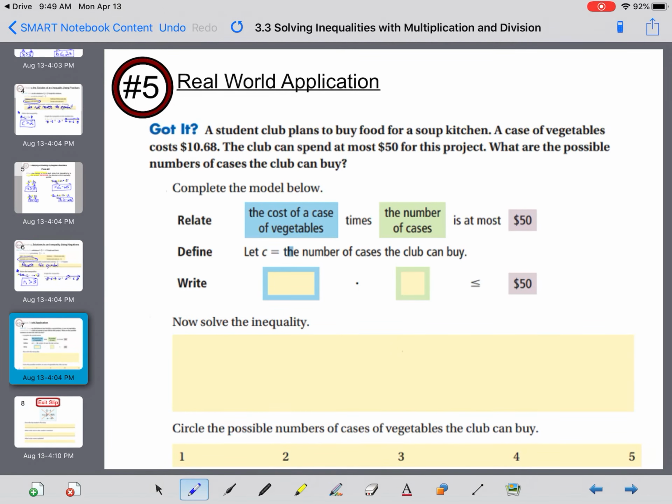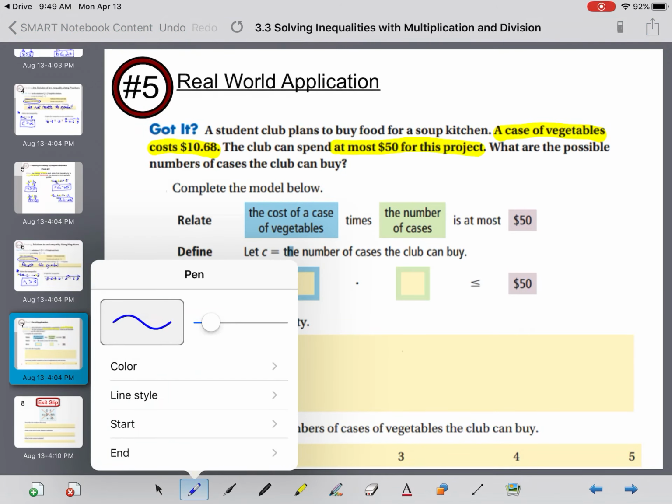Real-world applications. A student club plans to buy food for a soup kitchen. A case of vegetables costs $10.68. The club can spend at most $50 for the project. What are the possible number of cases the club can buy? The cost of a case of vegetables.